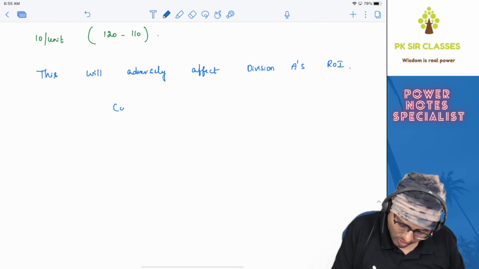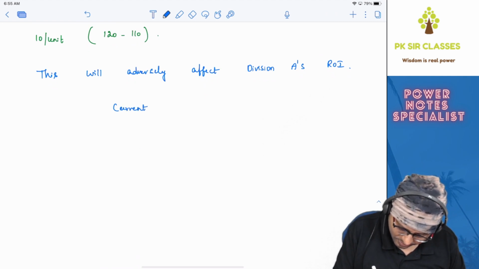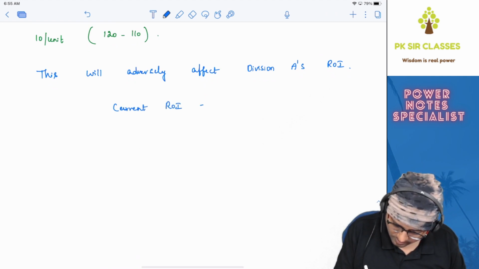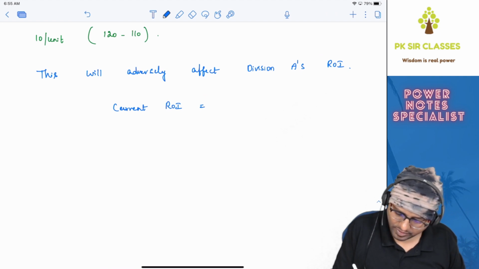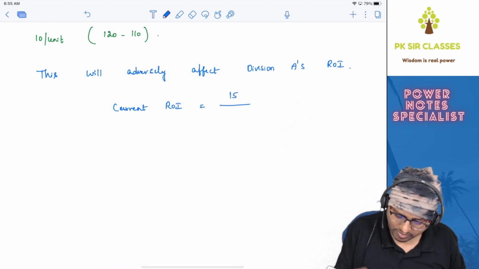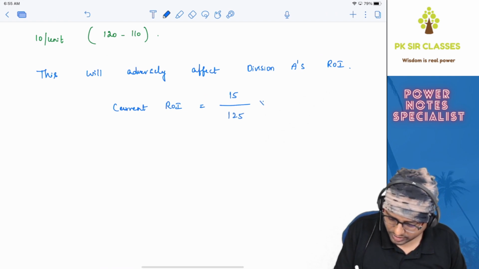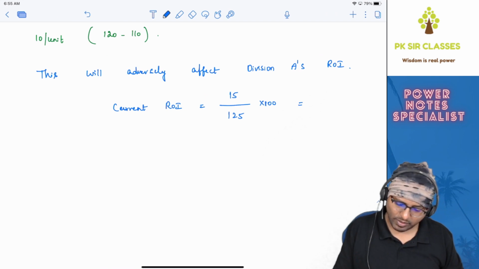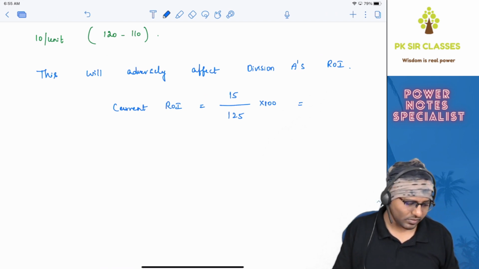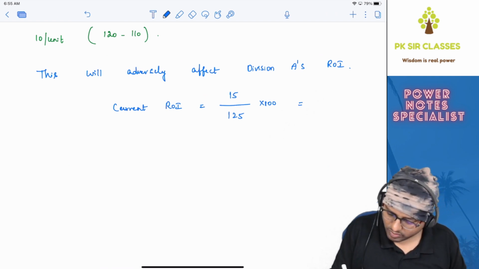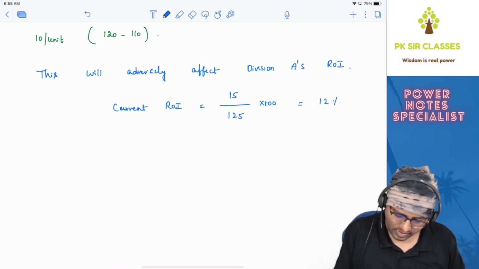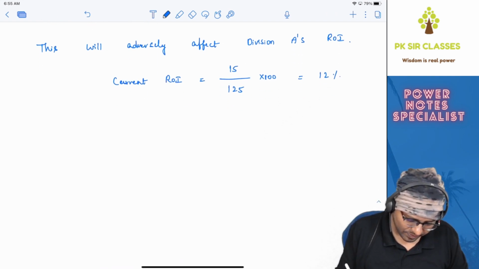So current ROI is equal to, what's the profit? 15. I'm taking profit because I'm calculating return on investment divided by total cost. Total cost is 125 into 100. So 15 divided by 125 into 100. If you calculate that, it comes to around 12%. That is your current ROI.